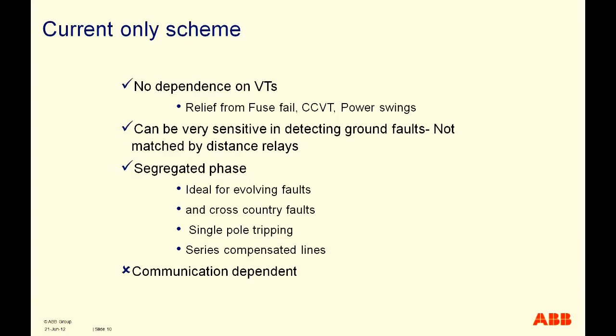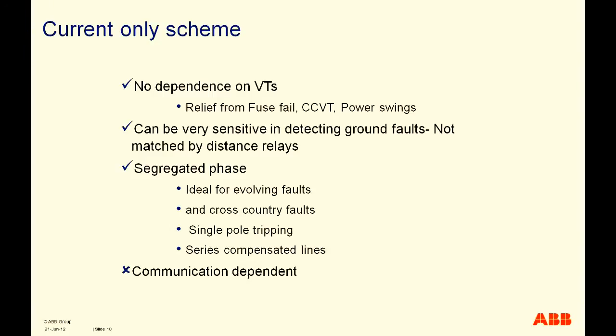And as we have measurements on a phase segregated basis, we can have single pole tripping as well. And because it is not dependent upon measuring the impedances of the line, series compensated lines will also have no impact on the line differential protection scheme.